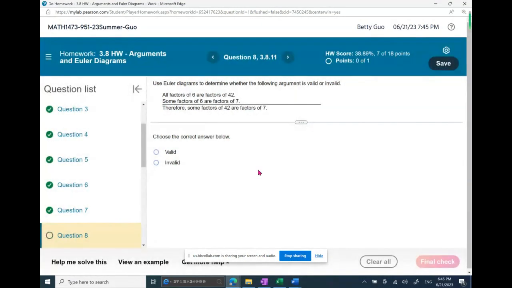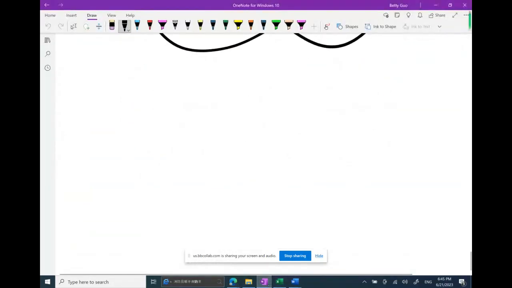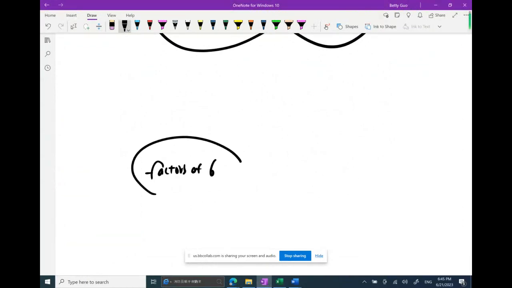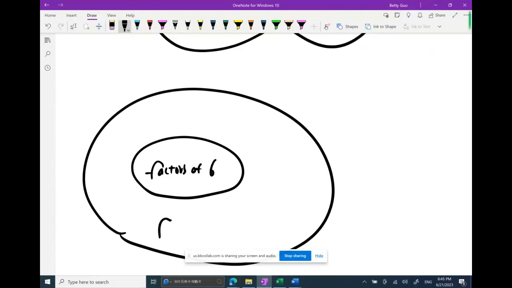Question number 8. All factors of 6 are factors of 42. Some factors of 6 are factors of 7. So factors of 6, factors of 42, and factors of 7. So let's do 6 and 42. Factors of 6 are factors of 42. Double check.